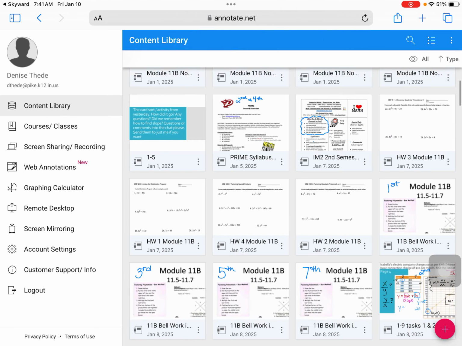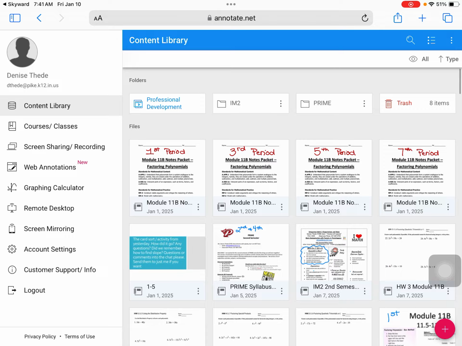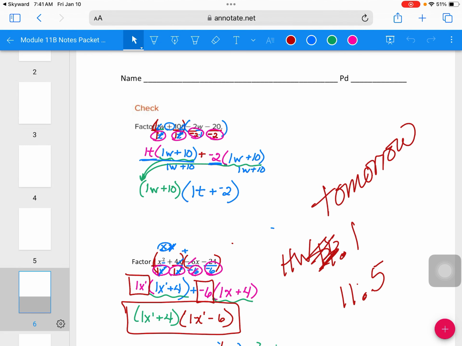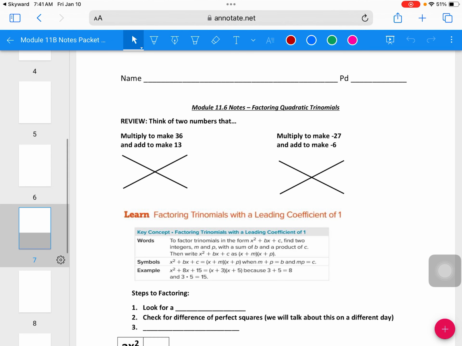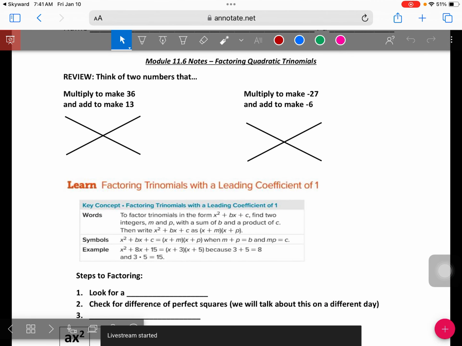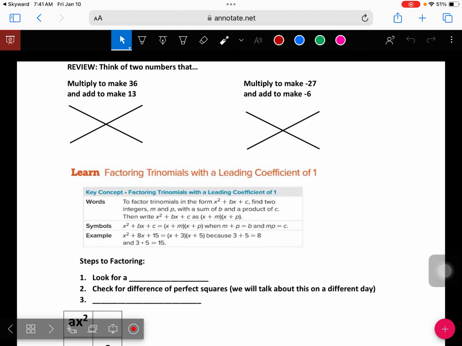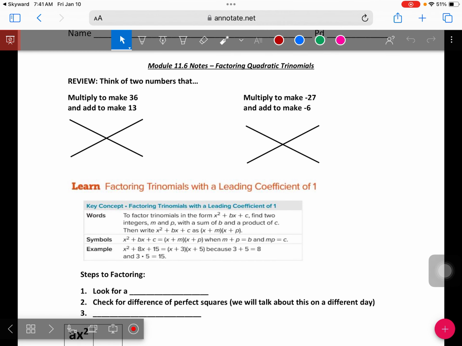So let's take out our notes. And this, to be honest, is probably for some of you going to be a difficult lesson. So I really need you to focus in, okay? All right.